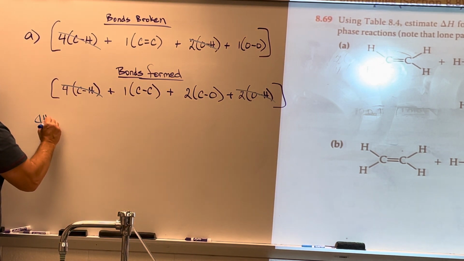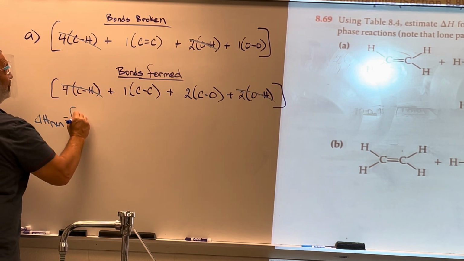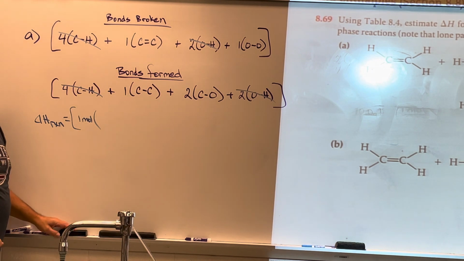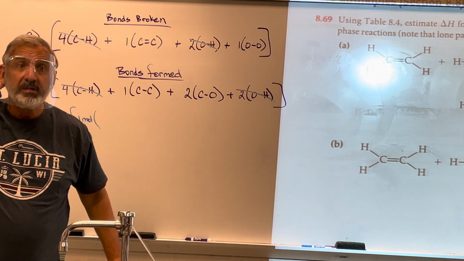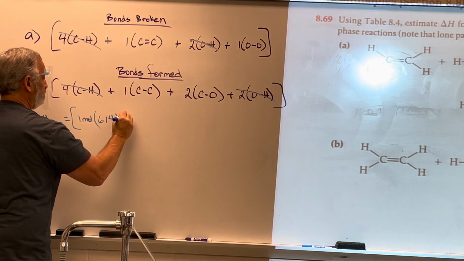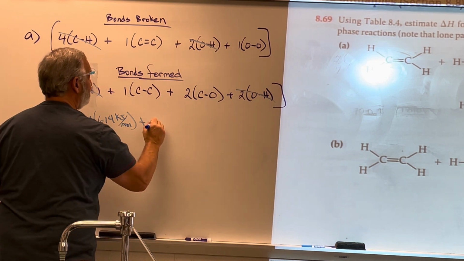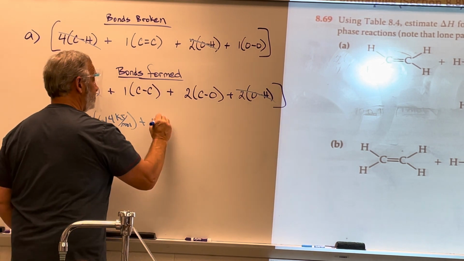So the delta H of the reaction is equal to 1 mole, what's the bond, carbon-carbon double bond on the table? 614. Plus 1 of the peroxide bonds, 146.